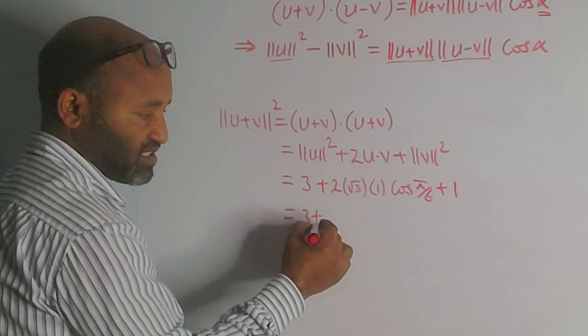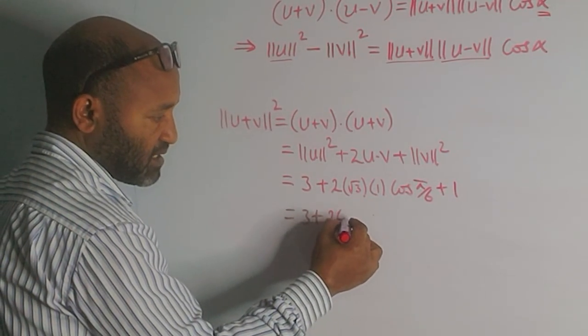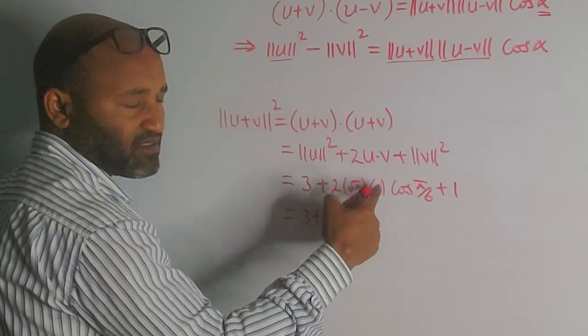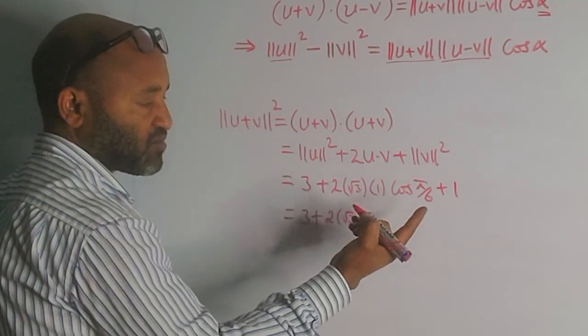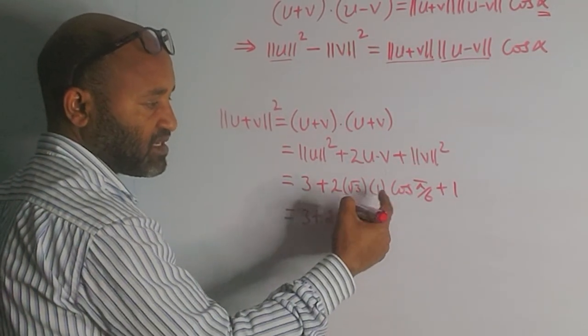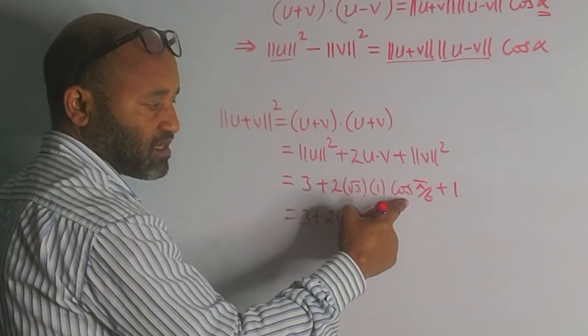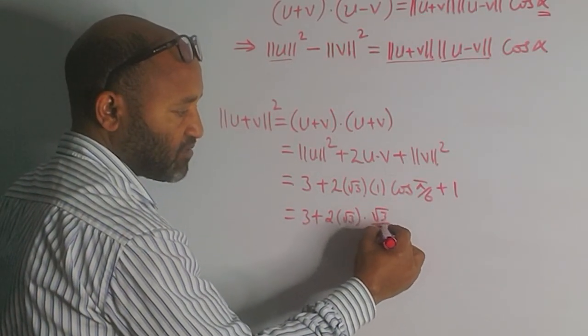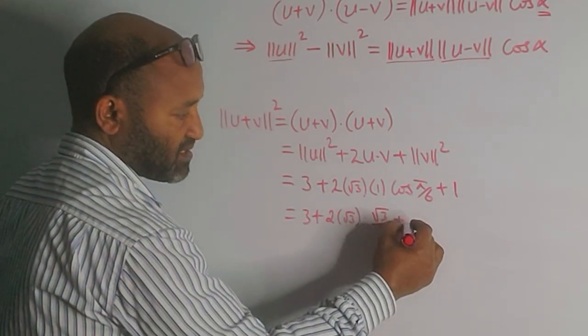So 3 plus 2 times radical 3 times 1, 1 times 1, no effect here, times radical 3 over 2 plus 1.